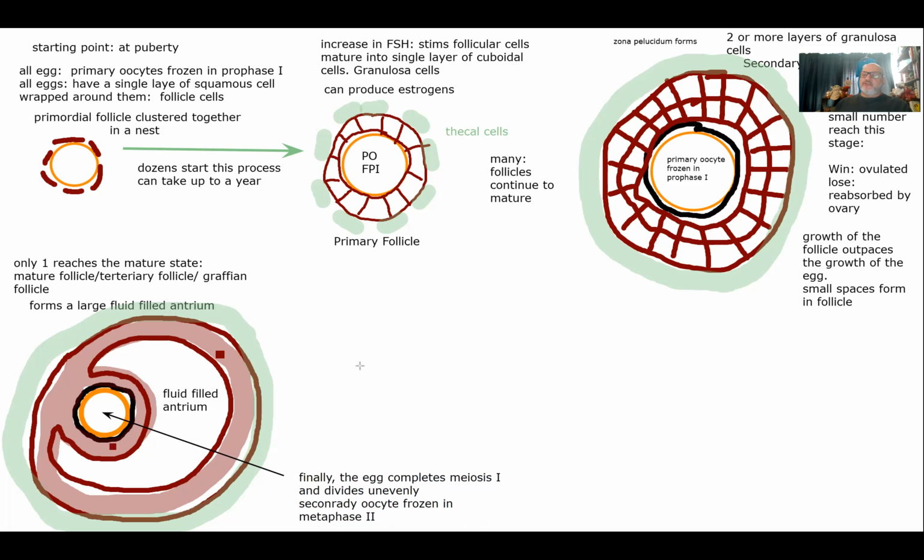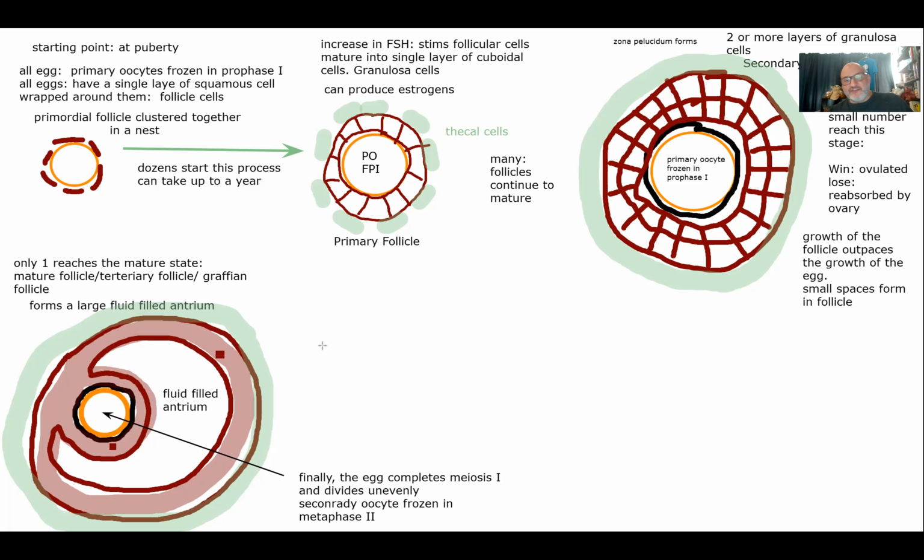If I were to pluck those two granulosa cells off of this follicle, put them under a microscope, would they be the same or would they be different? Same? They would be identical, with identical functions. The only difference is their location.